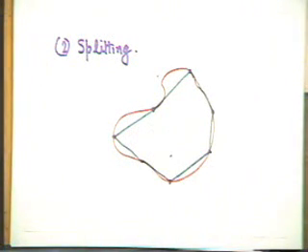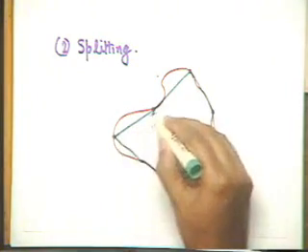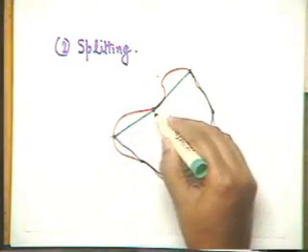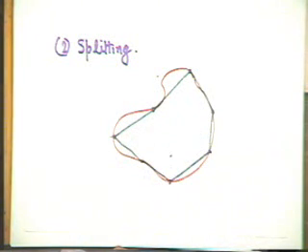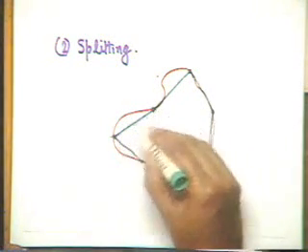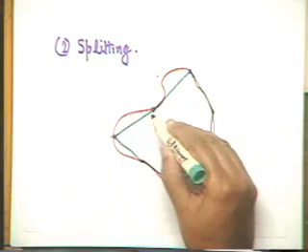Now when we consider a particular segment, we also consider some measure of the deviation of this straight line from the actual boundary points.